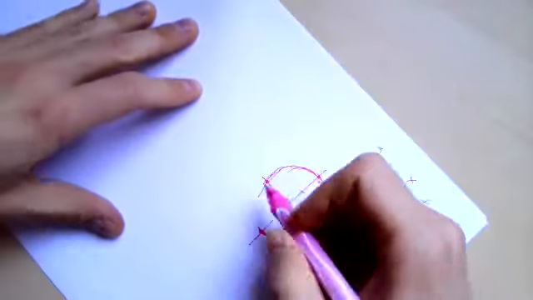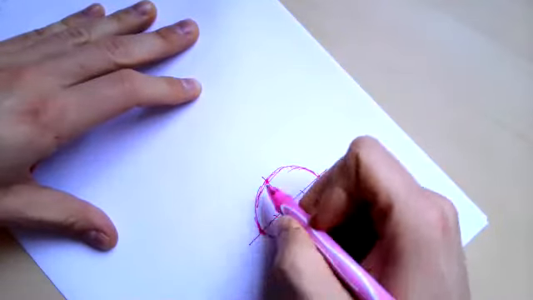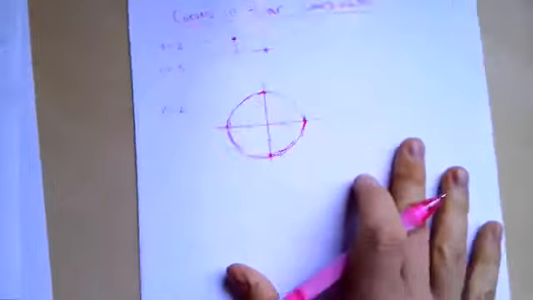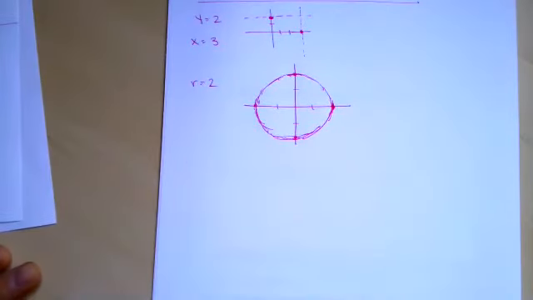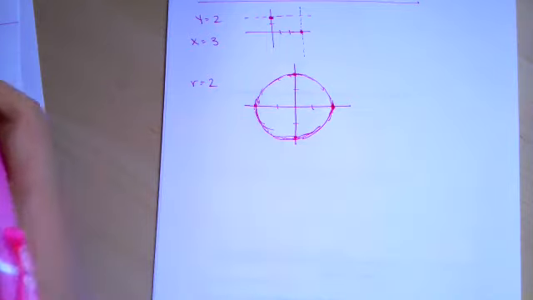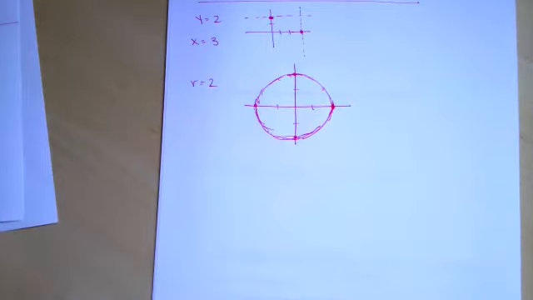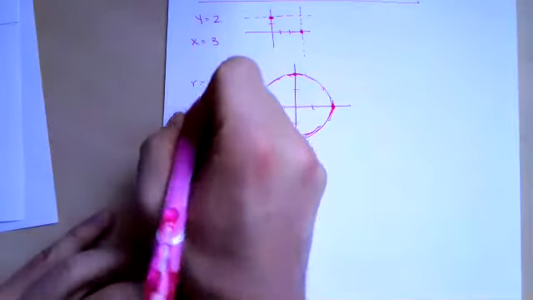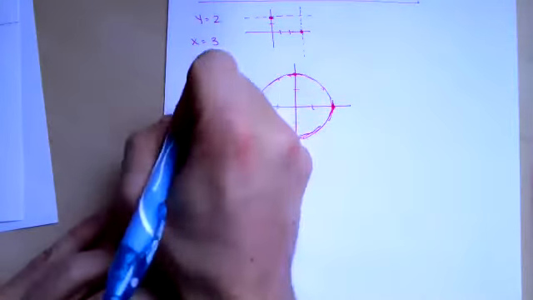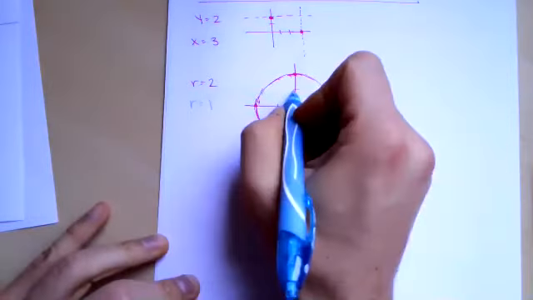Ooh, little oblong. But anytime I have r equal to a constant, this is saying what geometric shape has a constant radius? Circles. So r equals 2 is a circle of radius 2. Of course, r equals 1, circle of radius 1.